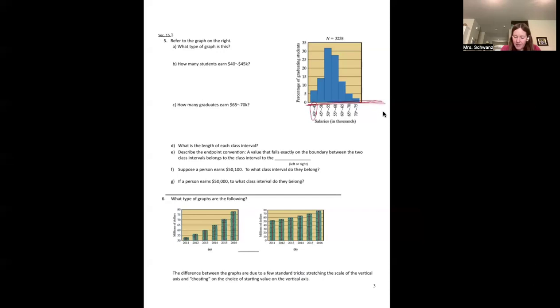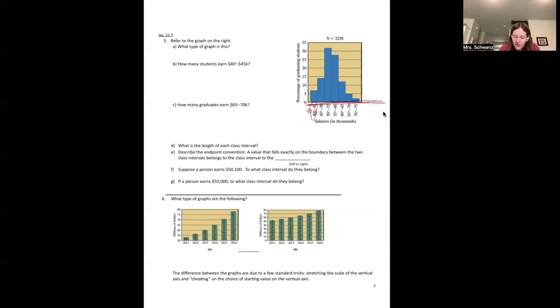I can't make one for 40,000, one for 41,000. We would go from 40 all the way to 105, or whatever the top salary is, and that would be a really long graph with a lot of different rectangles, and it just wouldn't be very valuable for us.